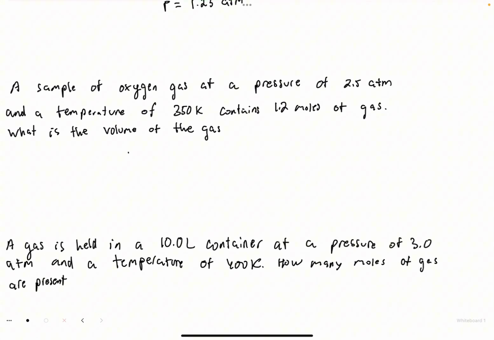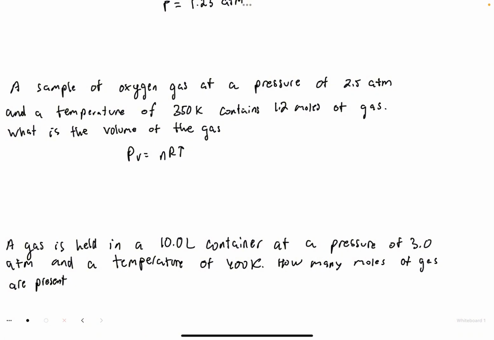A sample of oxygen gas at a pressure of 2.5 ATM and a temperature of 350 Kelvin contains 1.2 moles of gas. What is the volume of the gas? So let's use our equation, PV equals nRT.